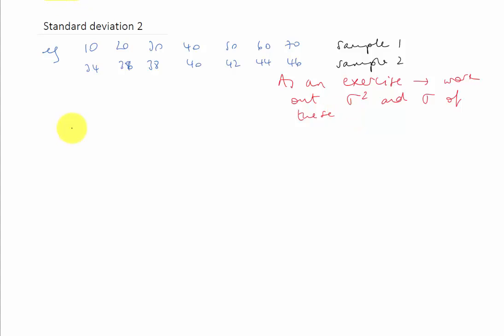and so I know that sigma of sample 1 is equal to 21.6, whereas the standard deviation of sample 2 is only 4.3, which stands to reason because the range is much smaller, so the average of the differences between the various measurements and the mean is smaller.